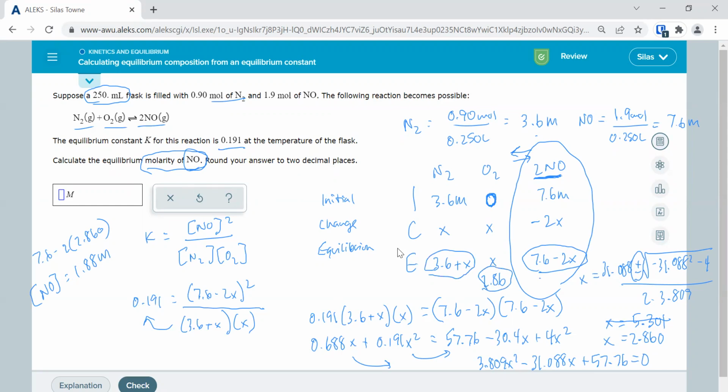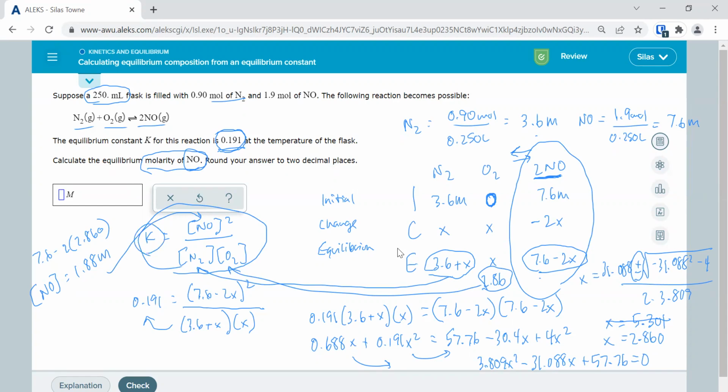This is because we have a K that's less than 1, so it actually favors the reactants, as we talked about. The other thing you can do is put in all these numbers, 3.6 plus 2.86 here, 2.86 here, and our 1.88 here squared, and see if you get the right answer.